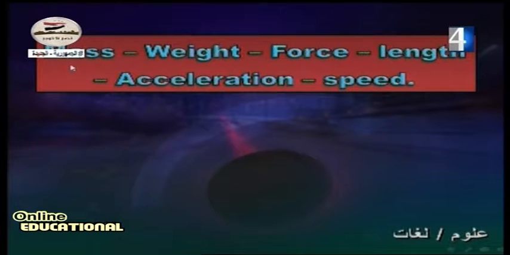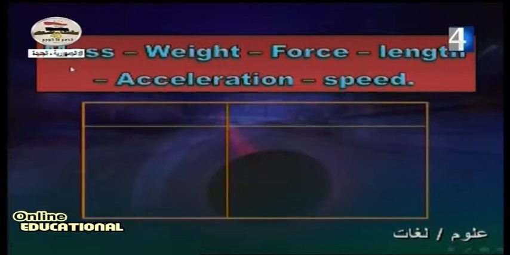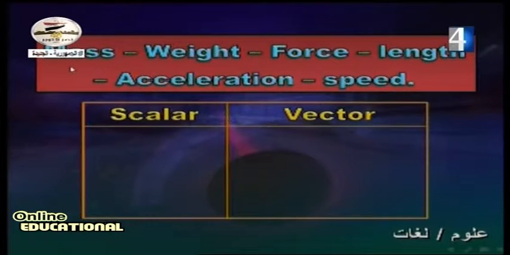But weight has a direction toward the earth, so we can classify weight as a vector physical quantity because it has what? Magnitude and direction. So we can draw a table to classify these physical quantities as scalar or vector.